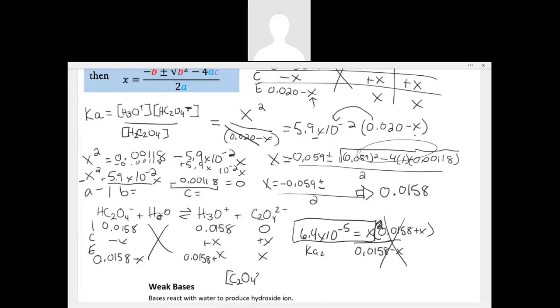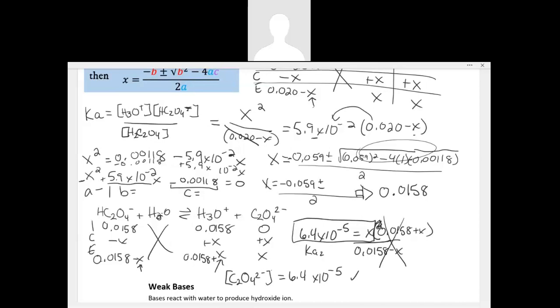Our C2O4 2 negative concentration will be equal to our second Ka value. So that's complete. And then now we have to add our change in x here, our change in x over here, to our starting value to determine our hydronium ion concentration.